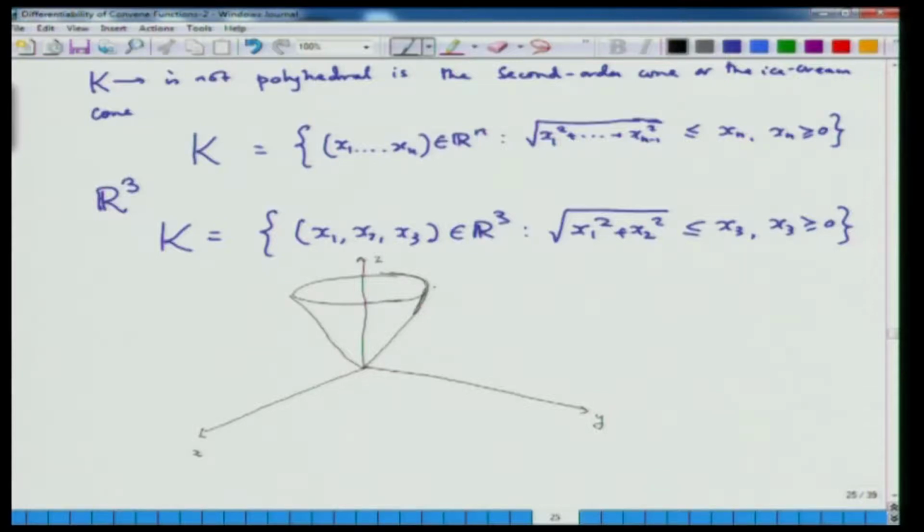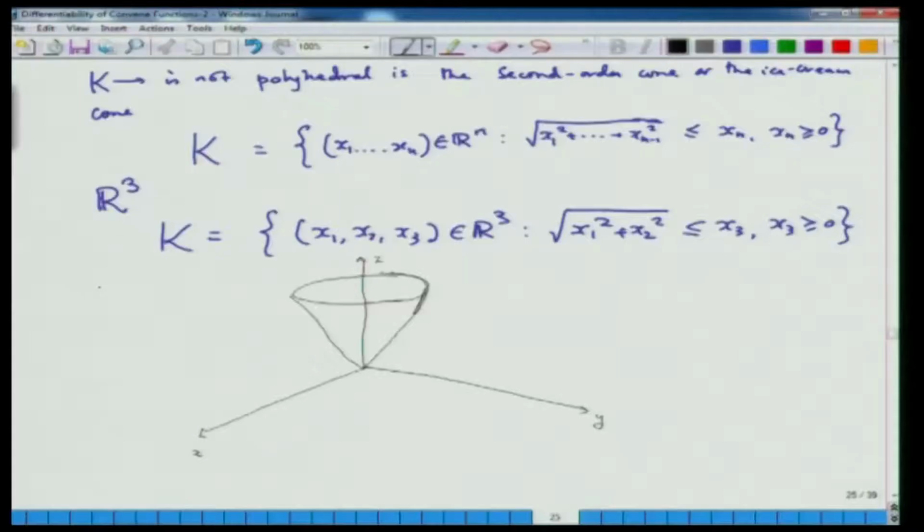If you look at the cone, this looks like an ice cream cone, like the one you get in shops, but this is not polyhedral because the sides are rounded. A polyhedral cone cannot have rounded sides. Polyhedral cones have to have flat sides. If you want to have a polyhedral cone, it would be like this, for example.